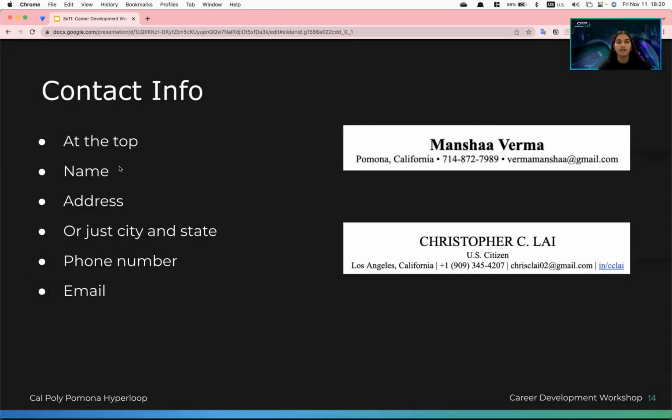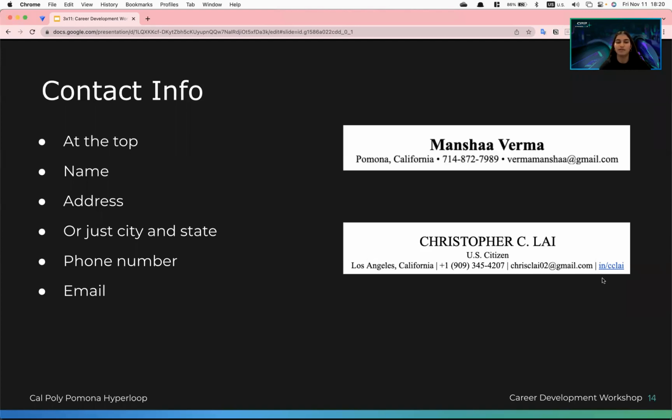So the contact info goes right at the top. It should have your name, your address. Again, this can be just your city and state, as both Chris and I have here, or a full address. You also need your phone number and your email. It can be your educational email, but personal email is probably better since school emails do get turned off after a while.